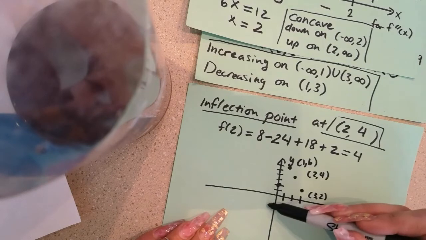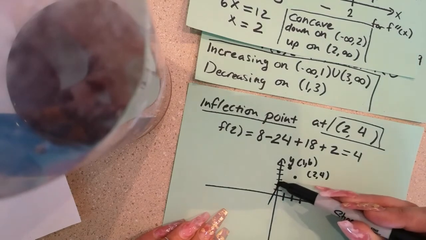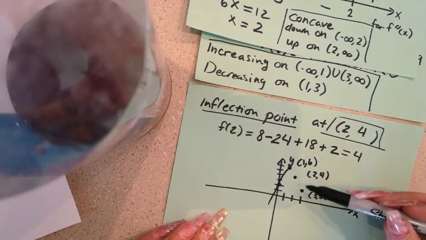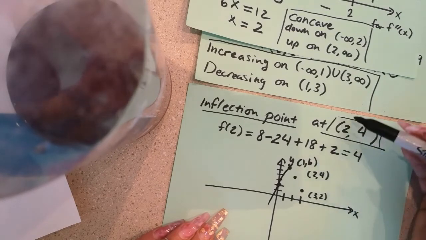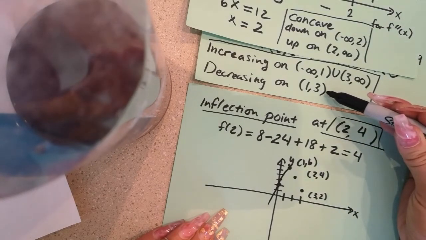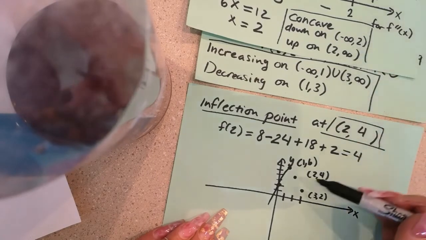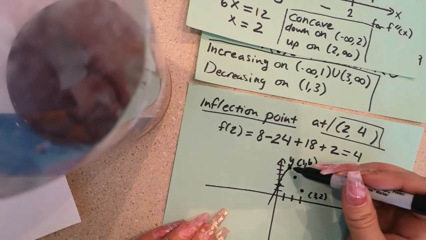Then I hit my local max, and then decreasing between 1 and 3, but I'm still concave down until I get to this inflection point.